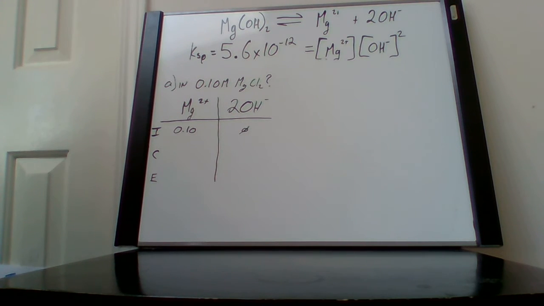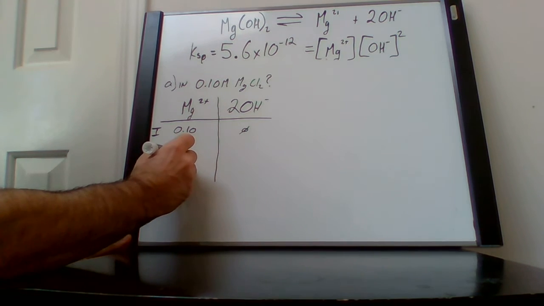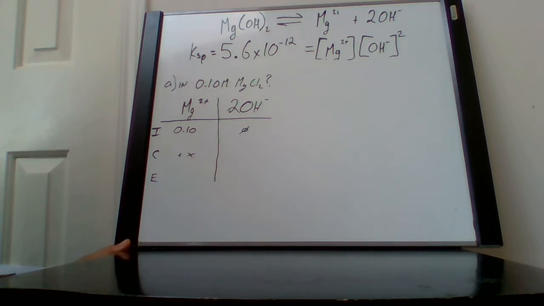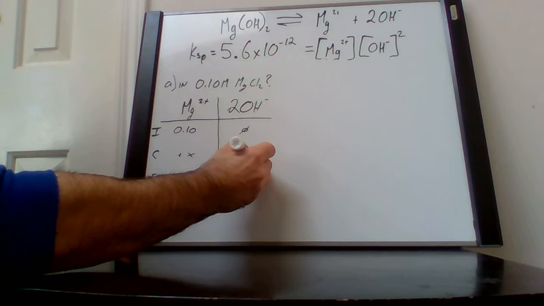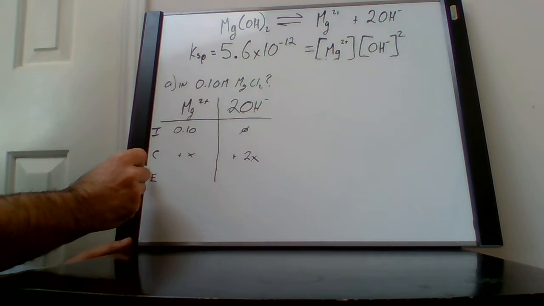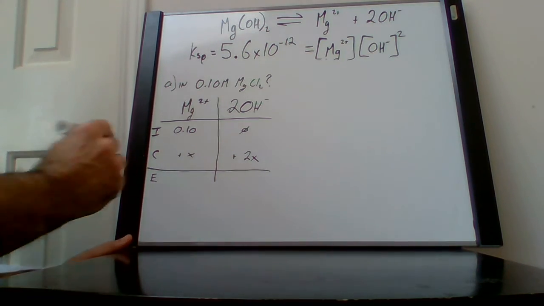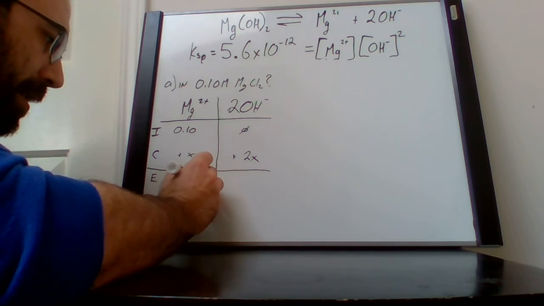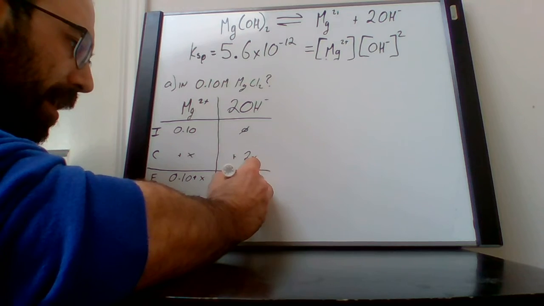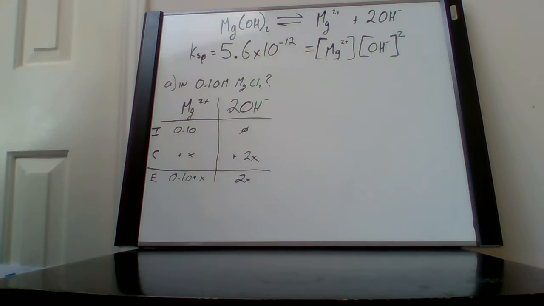Now, just like in that previous example, I'm going to have an X change in my magnesium and a plus 2X in my hydroxide. That leaves us with our equilibrium being 0.10 plus X for the magnesium and 2X for our hydroxide.